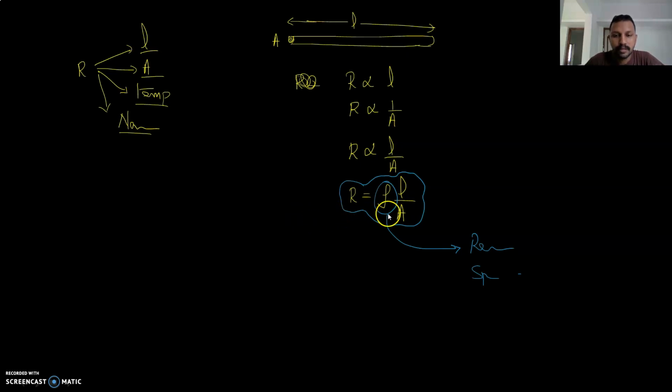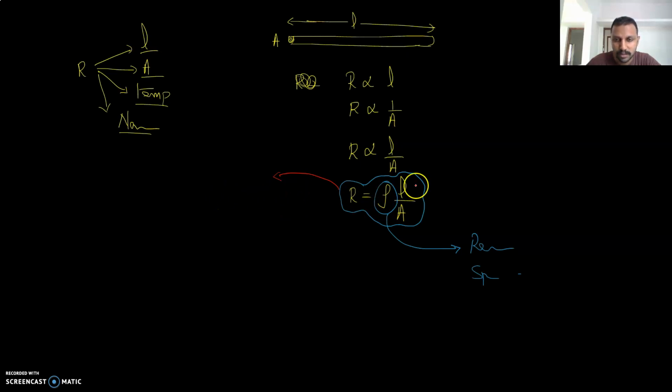Okay, students, now we know the formula connecting resistance and resistivity. Resistivity is otherwise called specific resistance. Then I'm rewriting this formula for resistivity.